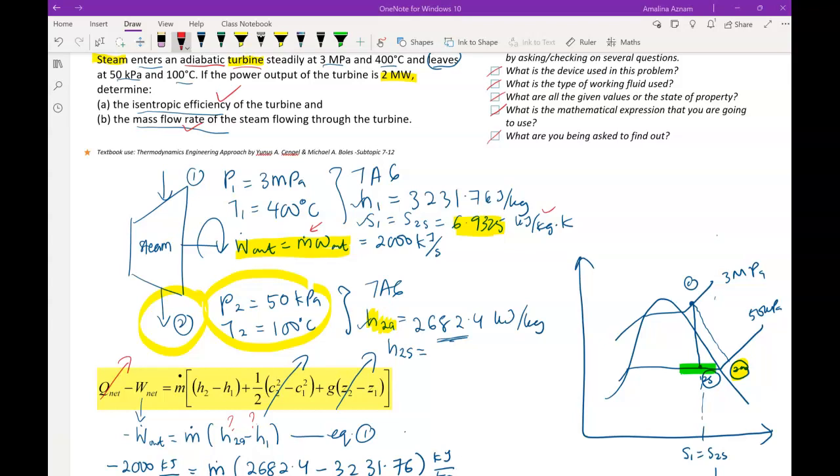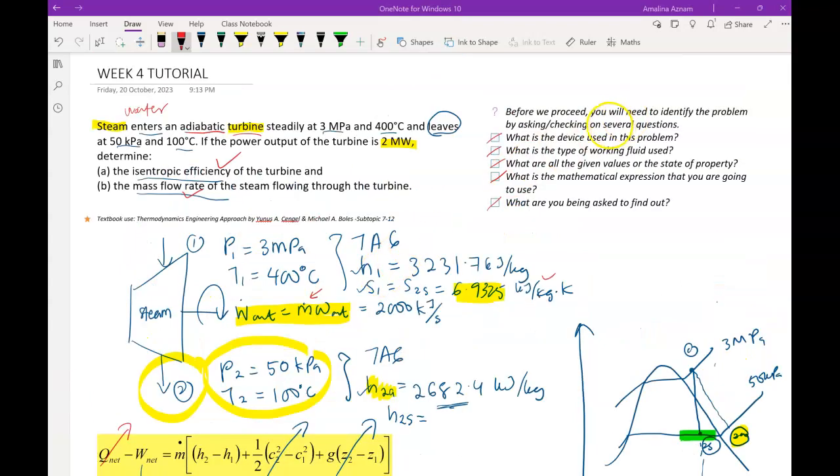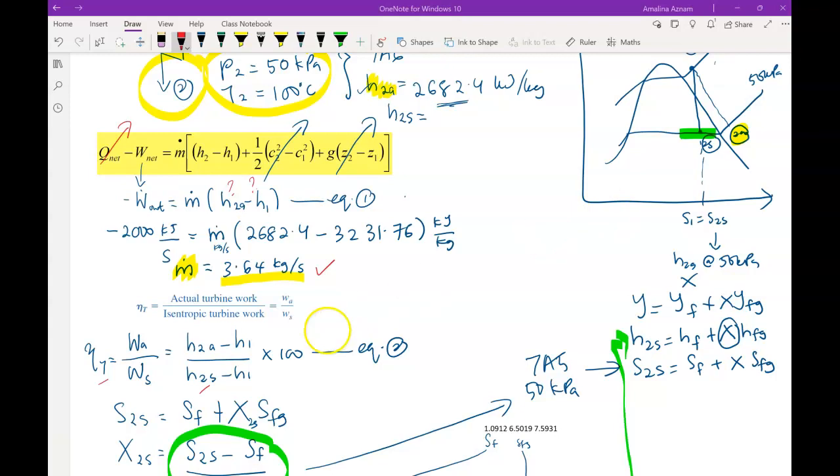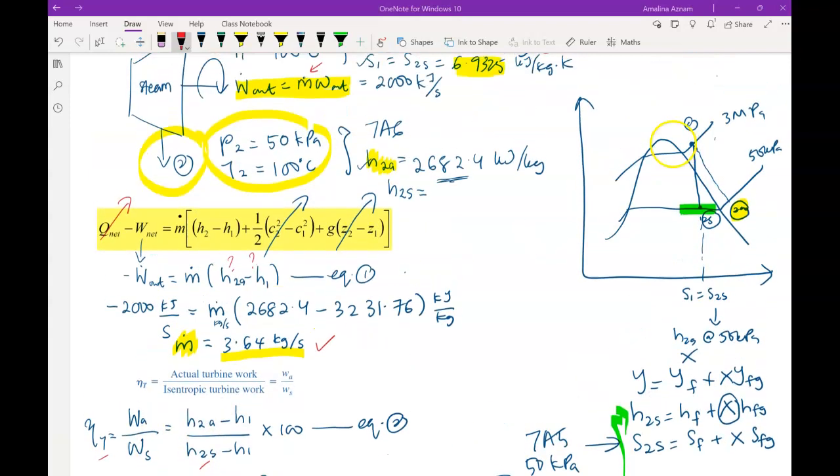I would like to recap, right? Before you solve for this activity, you need to at least have a look at this checklist over here. And also, when you have an isentropic efficiency problem, please note that the inlet entropy must be equal to the isentropic exit entropy, which is s1 is equal to s2s.